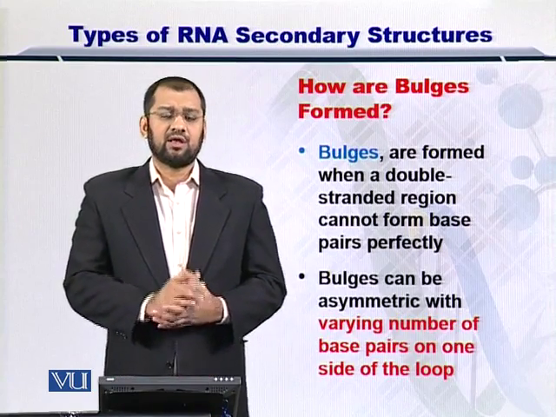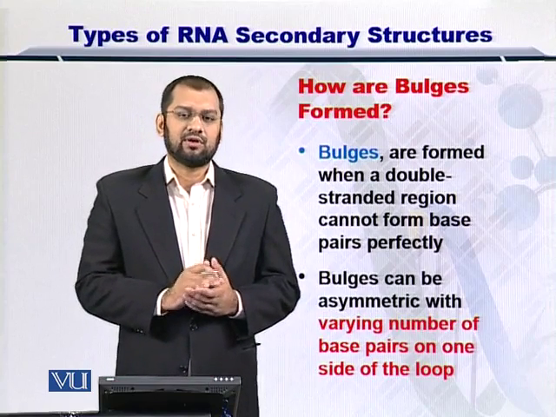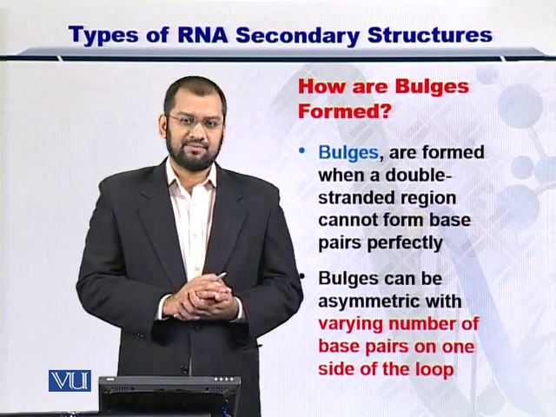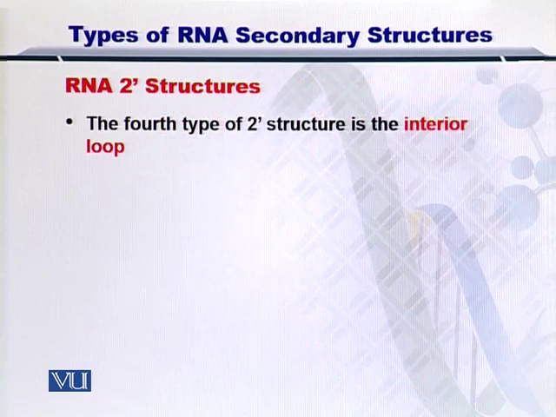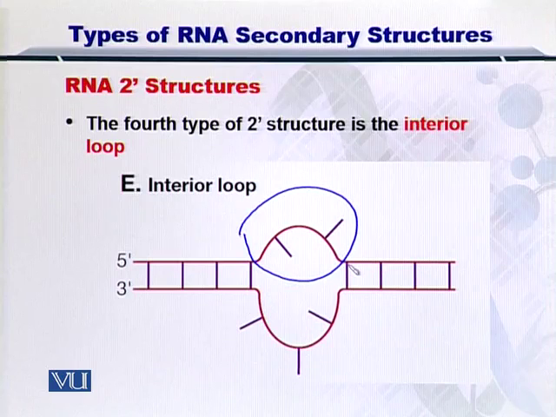As I just mentioned, the bulges can be asymmetric depending on the number of nucleotide bases that are uncoupled for that specific bulge. Another type of the RNA structure that we are going to see is the interior loop. Dear students, as you just saw the bulge, you may notice that this portion looks similar to a bulge.